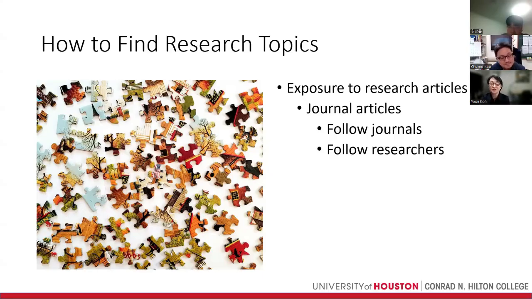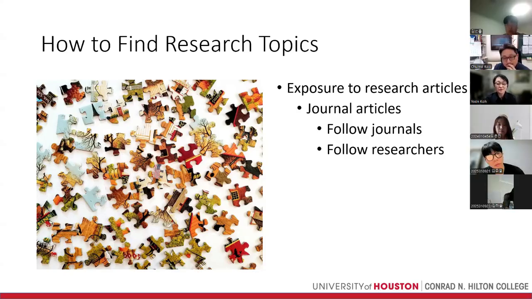Also, you can choose to follow a researcher or researchers. Let's say you happen to know a researcher that you find very interesting. I like her research, I love his new article, and then you can follow that professor's journal articles. One way is to go to Google Scholar and follow them.